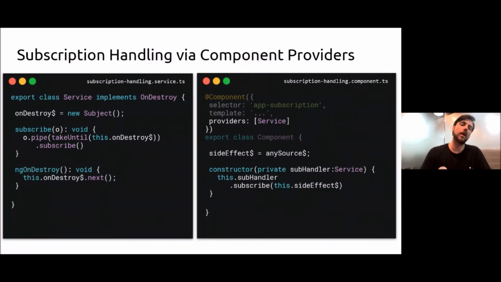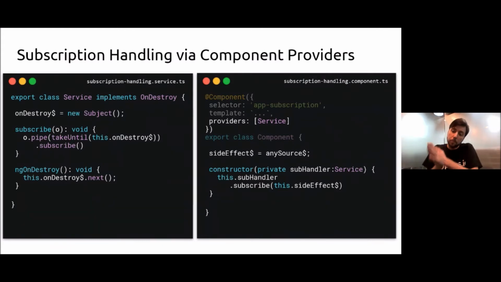Now the interesting part is that this is not a component but a service. Also a service has an ngOnDestroy lifecycle hook, and what I can do now is I can reuse this service in a component on the right side. The cool part on the right side is I used component providers here, so the lifetime of this service is not a global lifetime, but it is only here as long as the component is here.